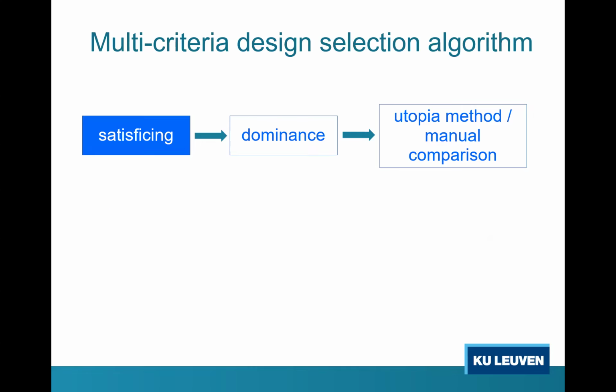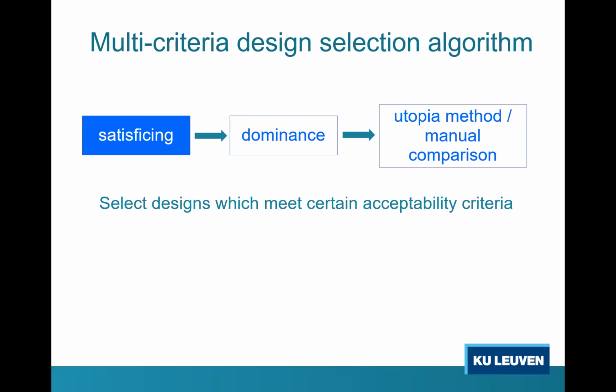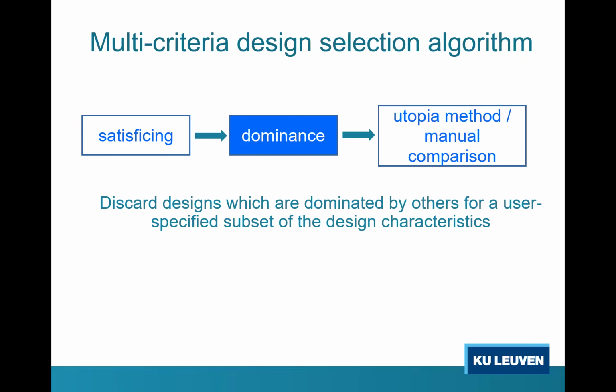The satisficing stage is where you do a rough filtering, basically, of all the OMARS designs that are available. In that stage, you select designs that meet certain minimum quality criteria. After getting rid of the designs you absolutely don't want, we enter the dominance stage.